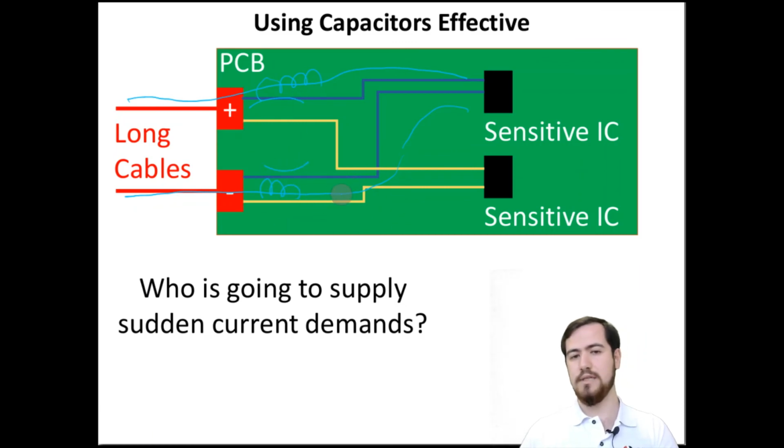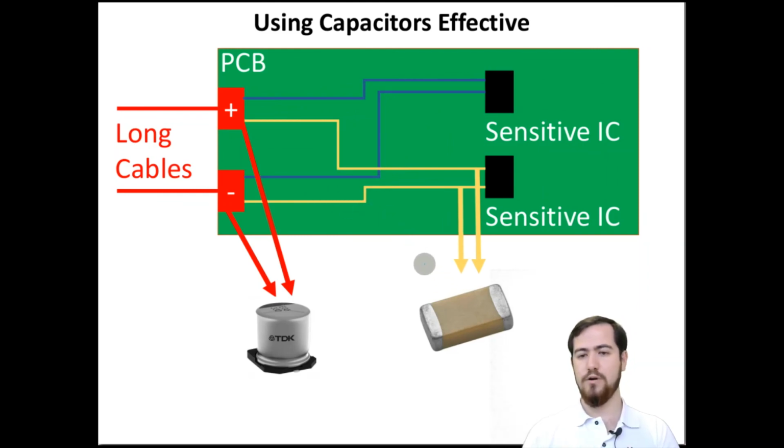So the sudden current demands cannot be met by the supply due to these inductances. In order to solve this problem, we always need to place a high frequency capacitor close to our IC, and we need to place the low frequency capacitors across the input terminals of our PCB.